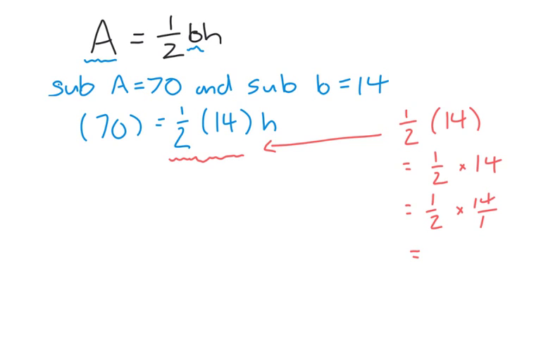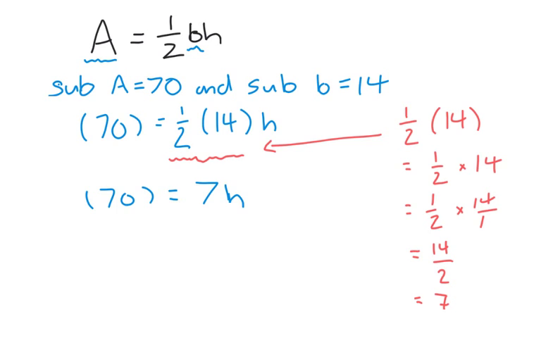When you're multiplying fractions, all you have to do is multiply the numerators and multiply the denominators. So 1 times 14 is 14, and the denominators, 2 times 1 is 2. Remember, a fraction is the same thing as division. 14 divided by 2 is 7. So I can simplify that into 7. That h stays exactly the same.